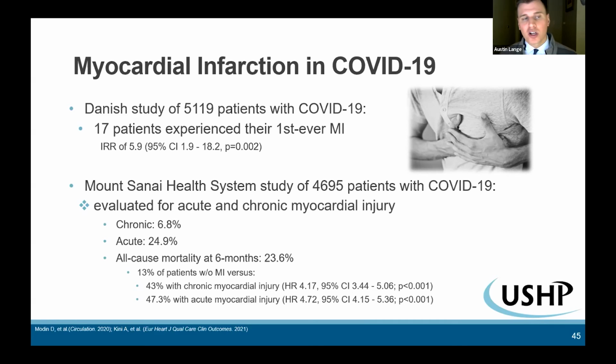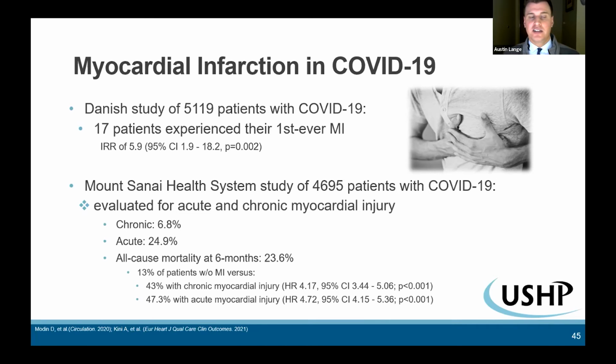In a New York study, over almost 5,000 patients, they evaluated acute and chronic myocardial injury. Chronic was somebody who had an elevation on their first assessment and a subsequent change of less than 20%, versus acute myocardial injury, which was normal on first assessment and then a subsequent elevation of more than 50%, or if it was elevated initially, a subsequent elevation of more than 20%.